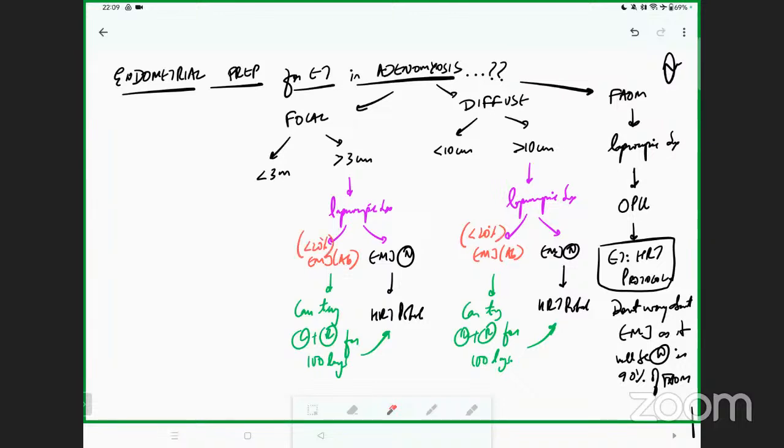I will also come to the point which everybody loves. Why are we not using Lupride Depot? I have used Lupride Depot and I have given 450 shots of Lupride Depot, and I'm extremely happy with the outcomes. Remember, Lupride Depot has got no effect on endometrial myometrial junction.